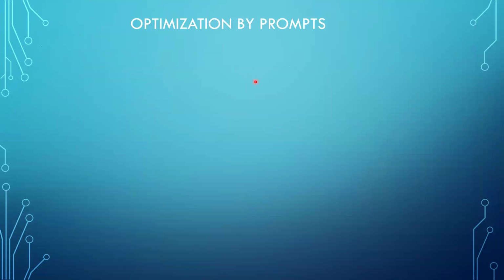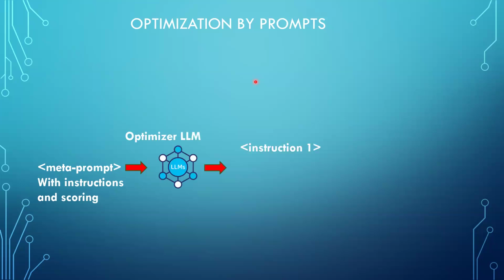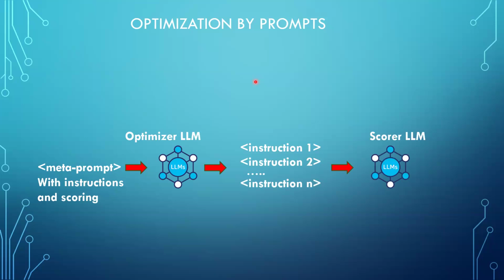You start to create what they call a meta prompt, where you can create what you call an optimization LLM, which will generate a sequence of instructions. And then you execute the instructions through maybe the same agent or a different LLM agent to execute those simulation tasks.